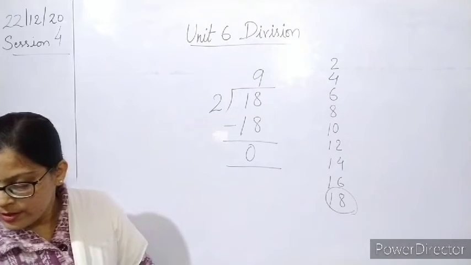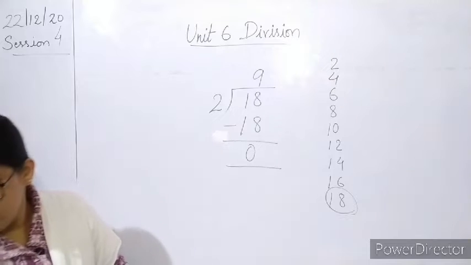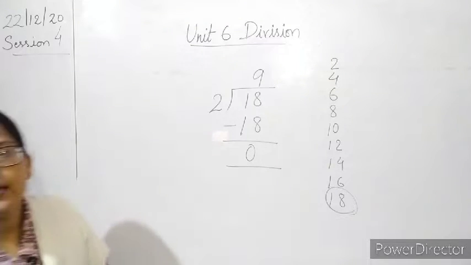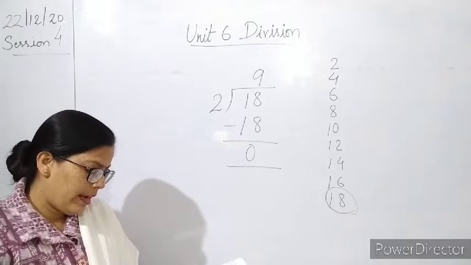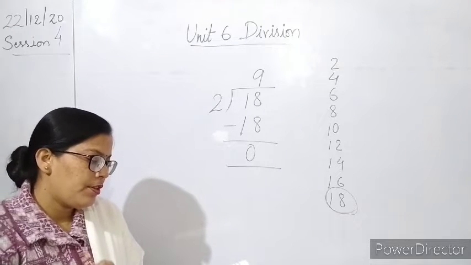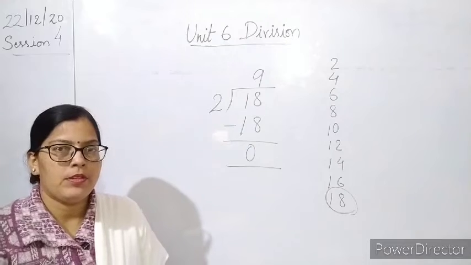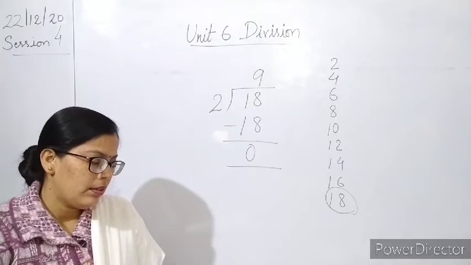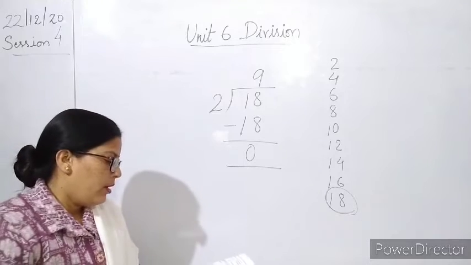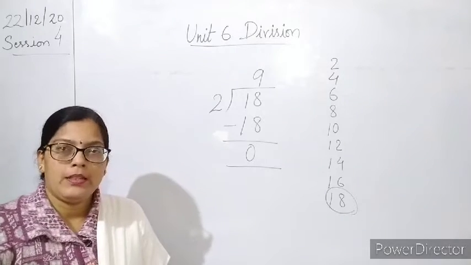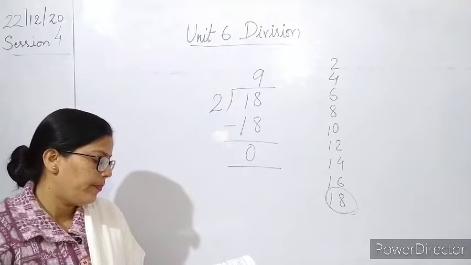So now we'll do exercise 6.3, which is given on page number 93. So please open page number 93. Division with remainder I'll explain afterwards. First clear this concept, simple division. Open page number 93 of your book.